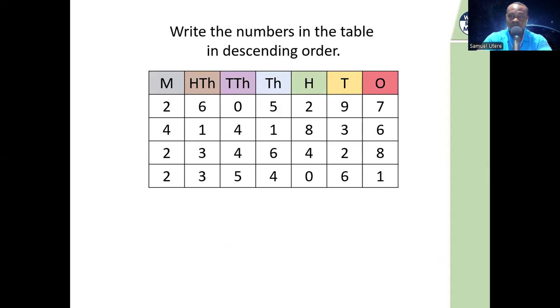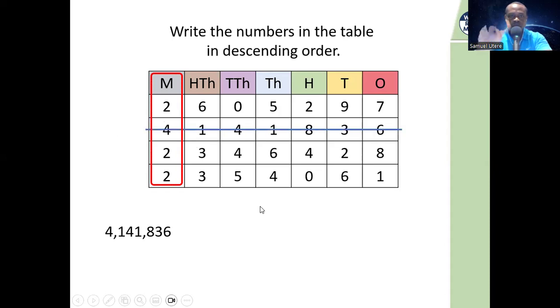If you didn't know it, descending means you start from the biggest number and you go to the lowest. So let's start with the highest number. First, we'll look at the highest place value column. When we look at that, we'll see that this number has 4. So it's clearly the greater number, the greatest number among them.